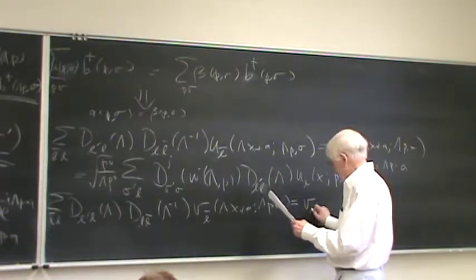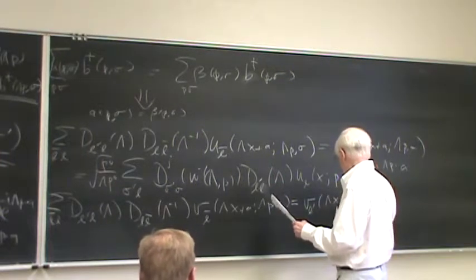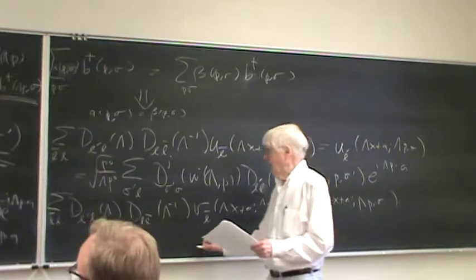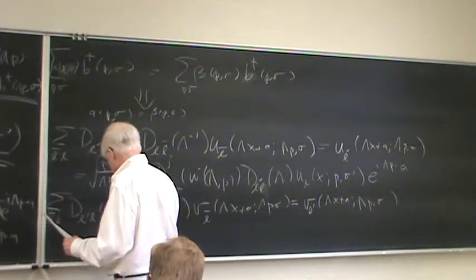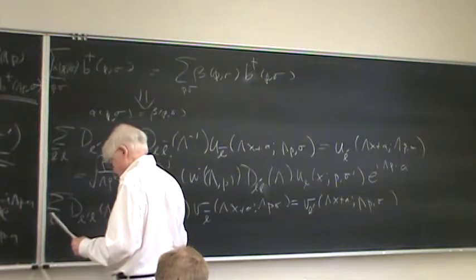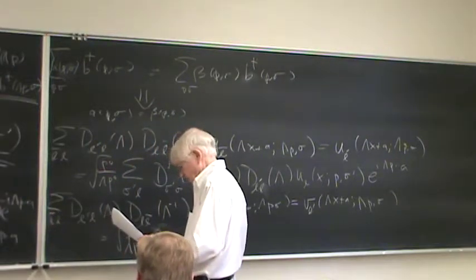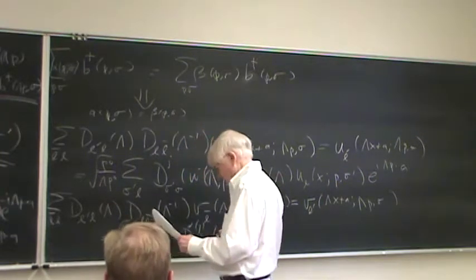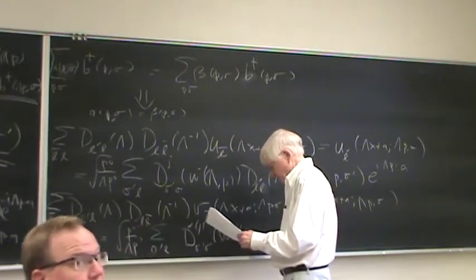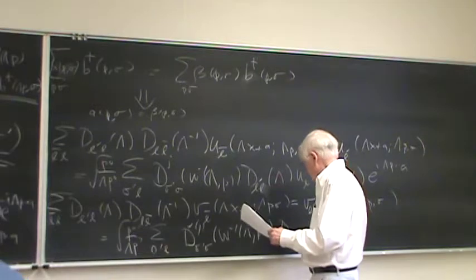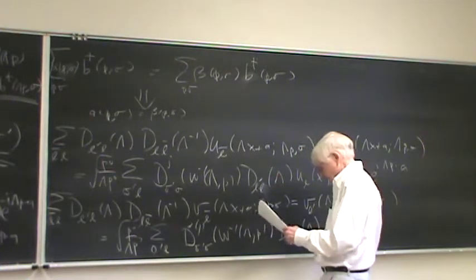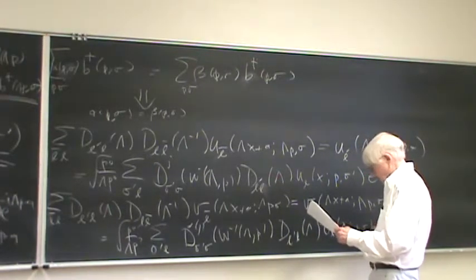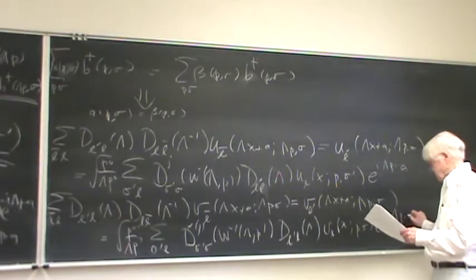So this gives us v_{l'}(λ(x+a); λp, σ), and on the other hand it also gives us a square root of p0 over λp0, a sum on σ' and l, D^{*j}_{σ'σ}(W^{-1}(λ,p)) d_{l'l}(λ) v_l(x; p σ') e^{-iλp·a}.